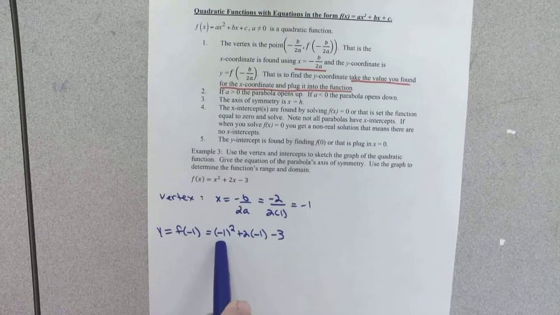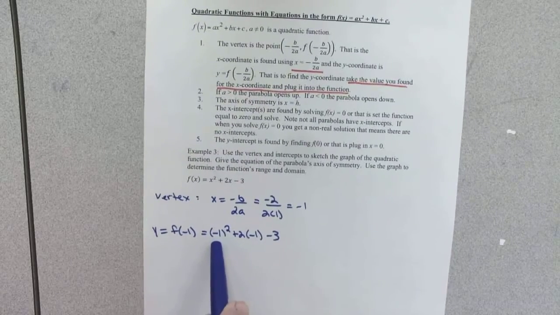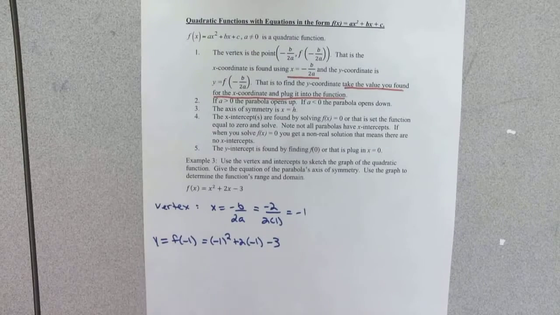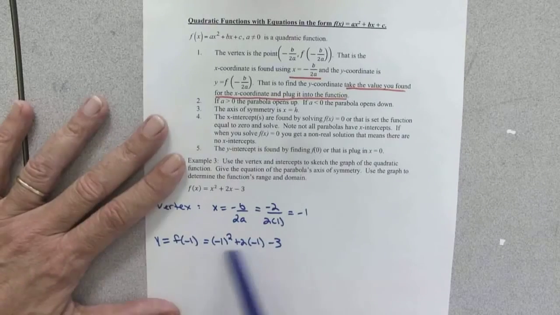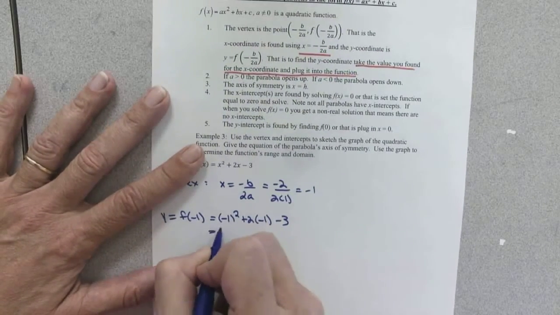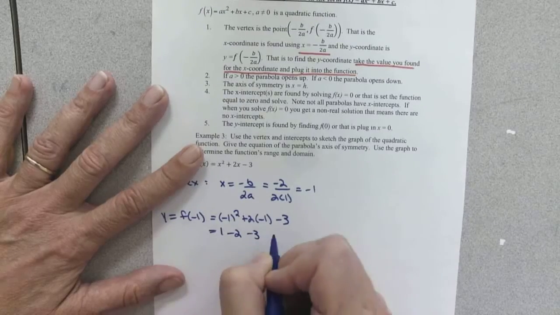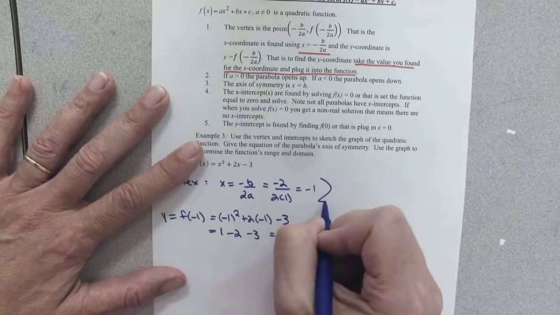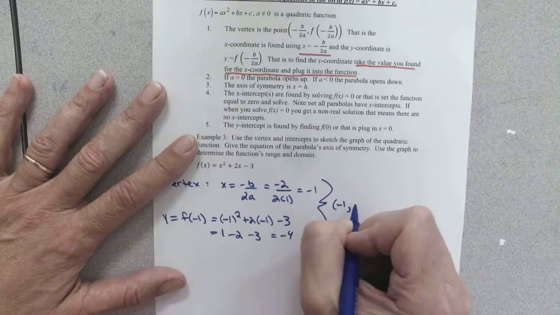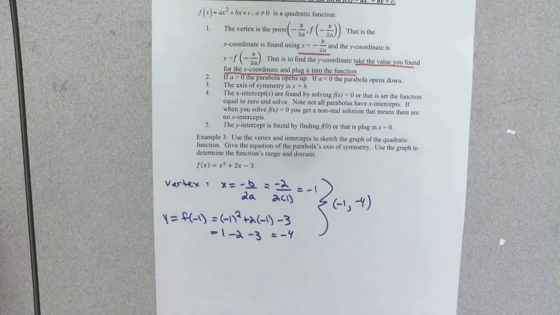Whenever you're using your calculator to raise a negative number to an exponent, you've got to put that negative number in parentheses. Otherwise, it's not going to give you the result you anticipated. The calculator is going to do it correctly, it's just not what you anticipated. So doing that, that's going to give us 1 minus 2 minus 3, for negative 4. And so my vertex is negative 1, negative 4.